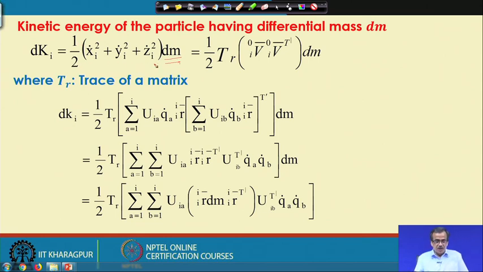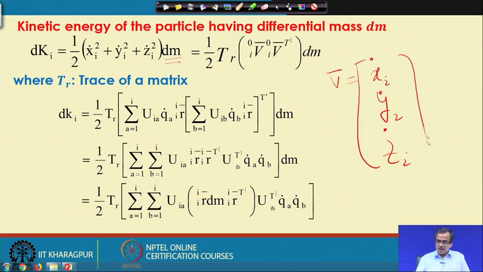Now, this velocity, which is a vector, has got 3 components, like x_i dot, y_i dot and z_i dot. So, these are the 3 components of the velocity. Now, the kinetic energy of the differential mass dm, the small particle, that is dK_i, is nothing but half dm times x_i dot square plus y_i dot square plus z_i dot square.